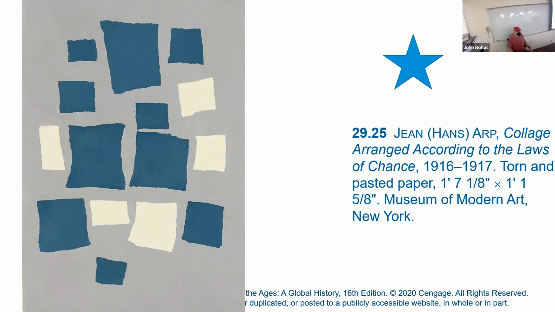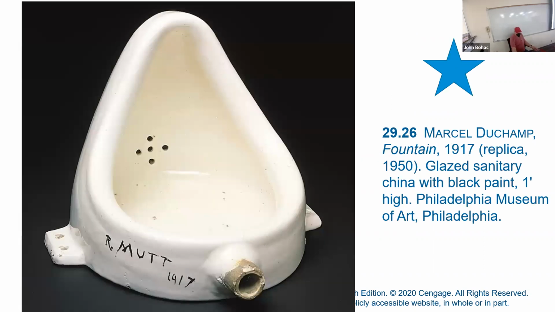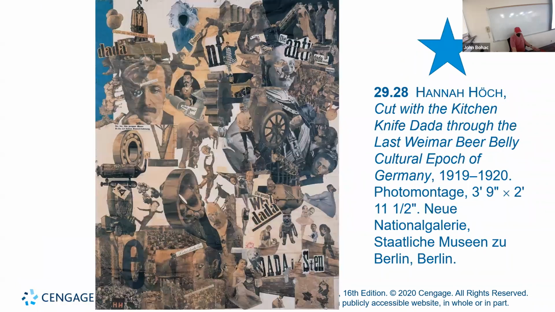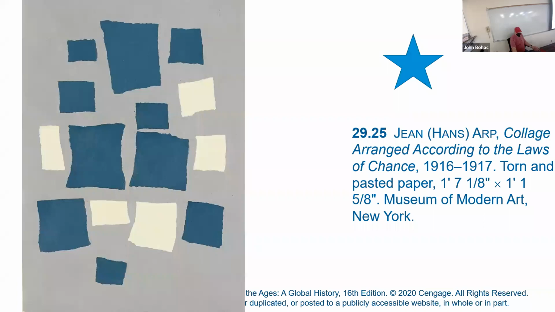And so they started playing around with a lot of different kinds of things. I don't have the slides for this, so I'll just have to describe it for you. There was a place in Zurich called the Cafe Voltaire.